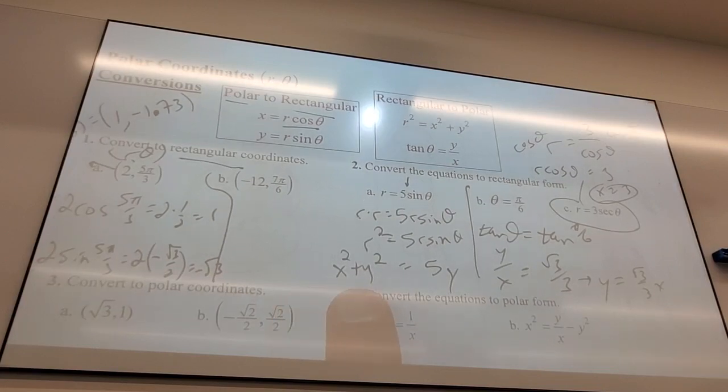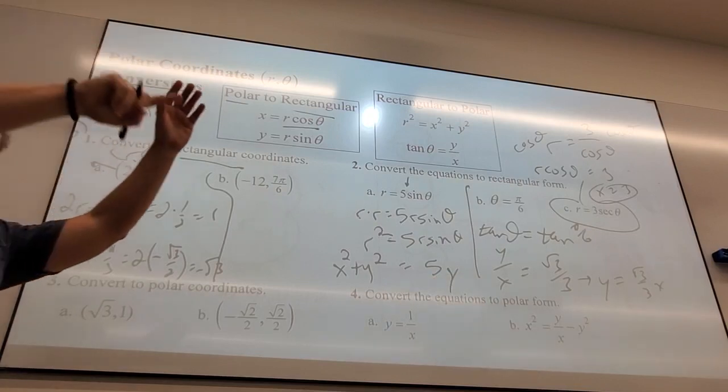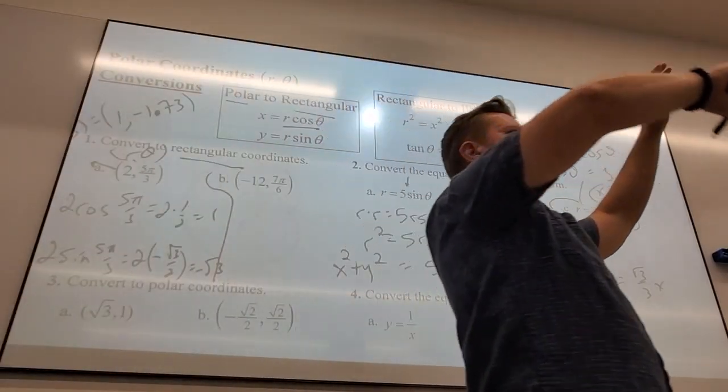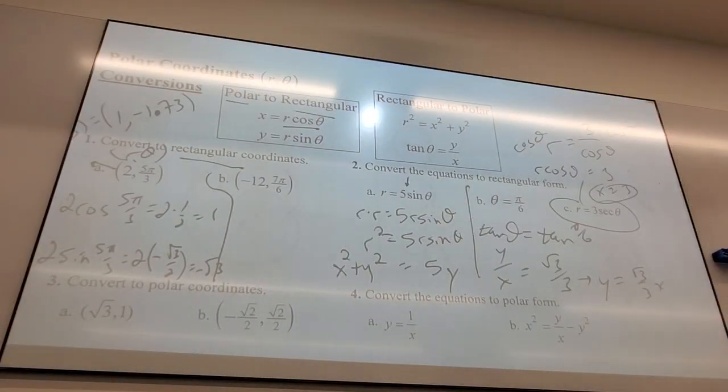Looking back at part A, you guys know this, the unit circle, what's the formula for the unit circle? It's x squared plus... Any point on the unit circle has to be, what's the most basic Pythagorean identity? Sine squared theta plus cosine squared theta equals 1.